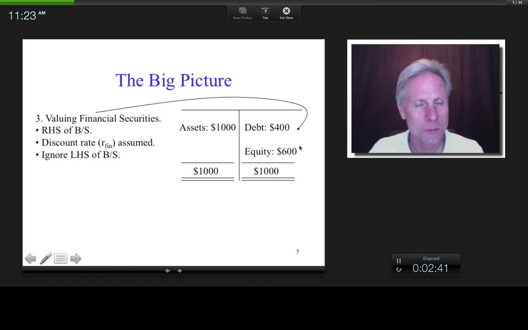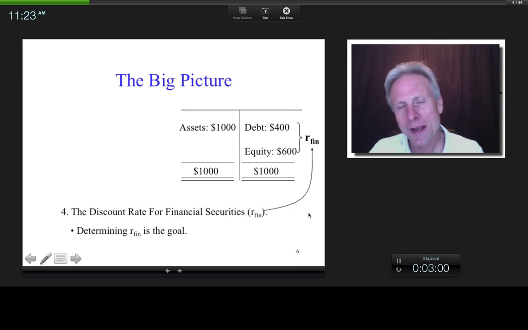And what two things did we need, again, to value anything? Cash flows and a discount rate. Except for now, we assumed that we knew what the discount rate were for financial securities, and we're ignoring the left-hand side of the balance sheet, in other words, what we were spending our money on. So then we moved to the right-hand side of the balance sheet, and we said, well, hey, what should the discount rate be for financial securities?